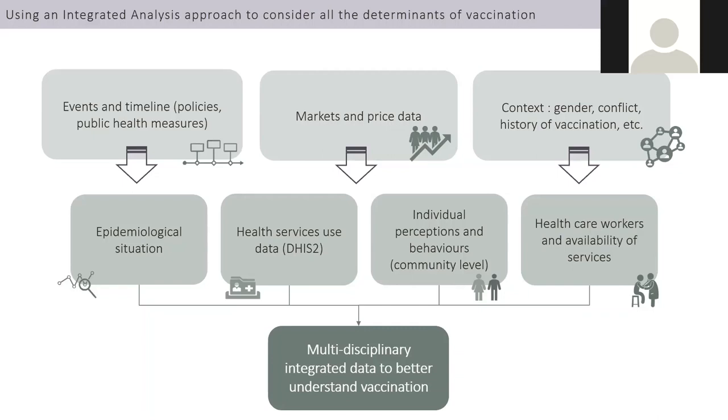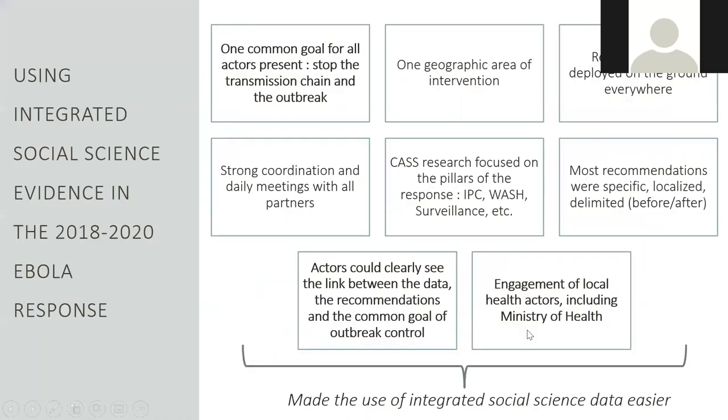And so that would be the context, for example, data on gender norm, conflicts, etc. We look at trends in prices in markets, because that can have a huge influence on health-seeking behaviors, of course, as well as events such as policies, public health measures, and the timeline. And this is how we try to get a more complete picture by having this multidisciplinary integrated data to understand not only vaccination, but all different types of diseases, public health crises, and situations.